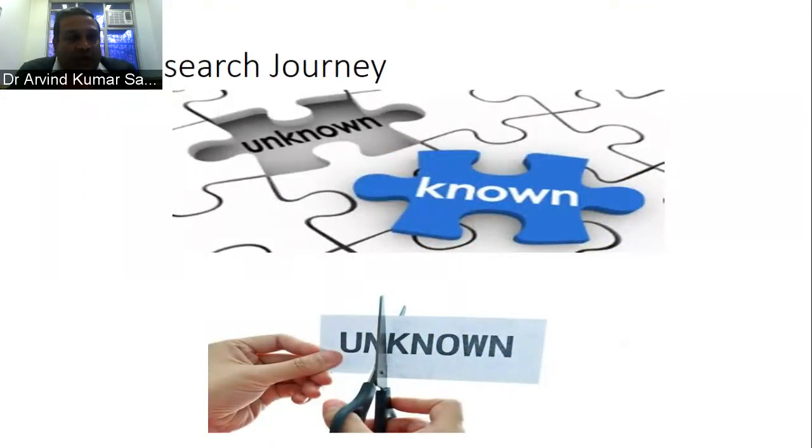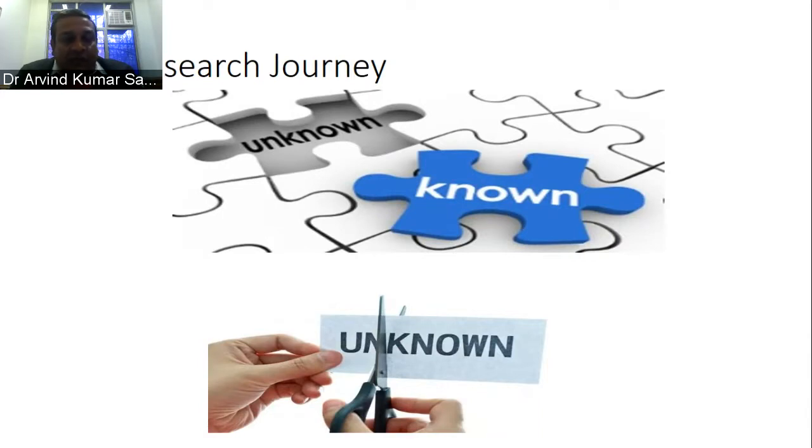Yeah. If you talk about research journey, right, the entire research journey is just about what is known and what is unknown. Because in the academic world or research world, many things have been researched and many of the information has already been known. But from where we come to know what is known?